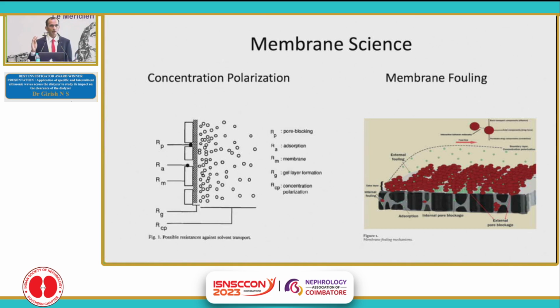If you allow it to continue further, it settles down into what is called a fouling layer. To put it in simple terms, the CP layer is like acute tubular necrosis in acute kidney injury, and membrane fouling is like CKD. If left unattended, it can lead on to irreversible membrane damage.